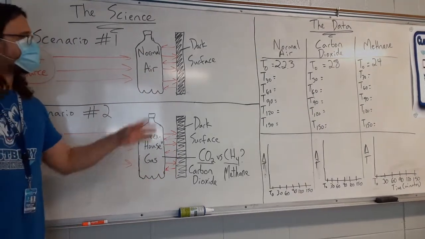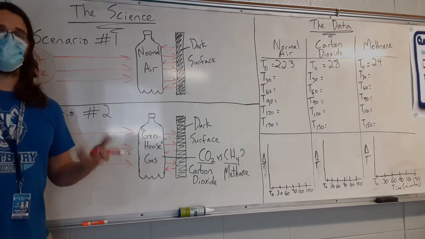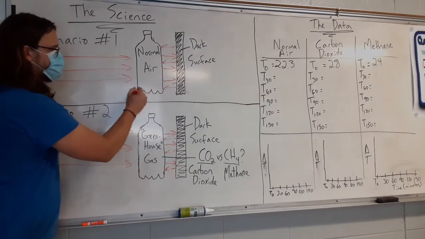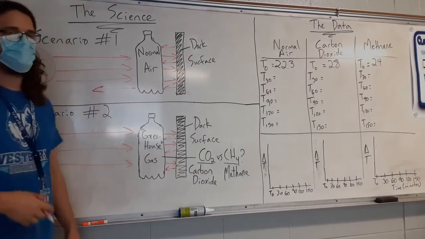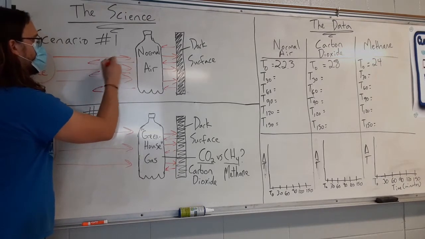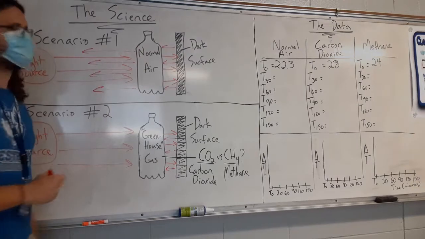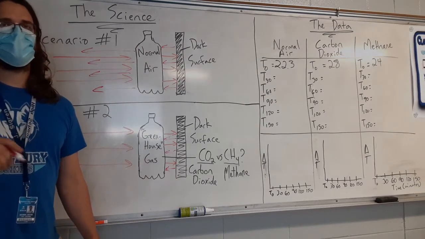This is where it gets interesting. Normal air does not really interact very much with infrared radiation. So what we would expect is basically the infrared radiation to move through the normal air and pass out the other side. Greenhouse gases do interact with infrared radiation.